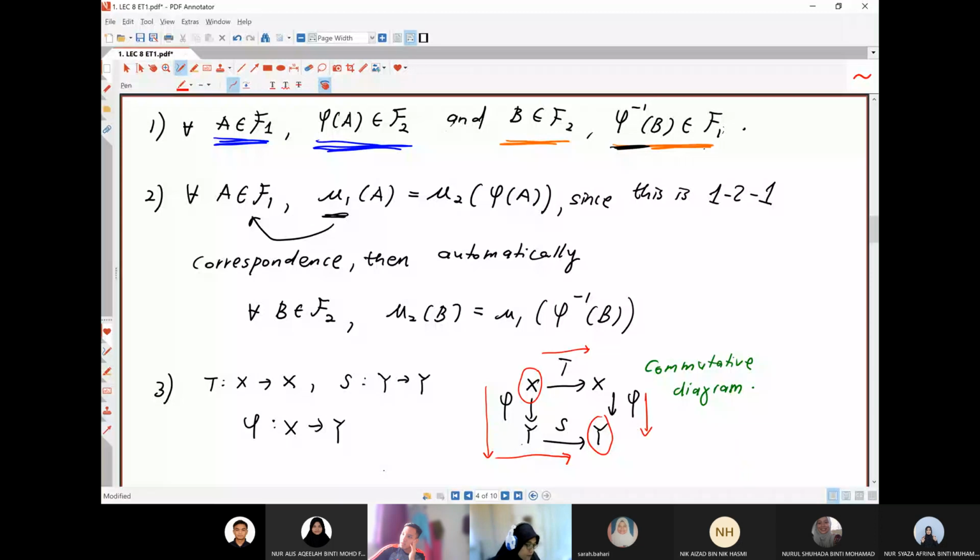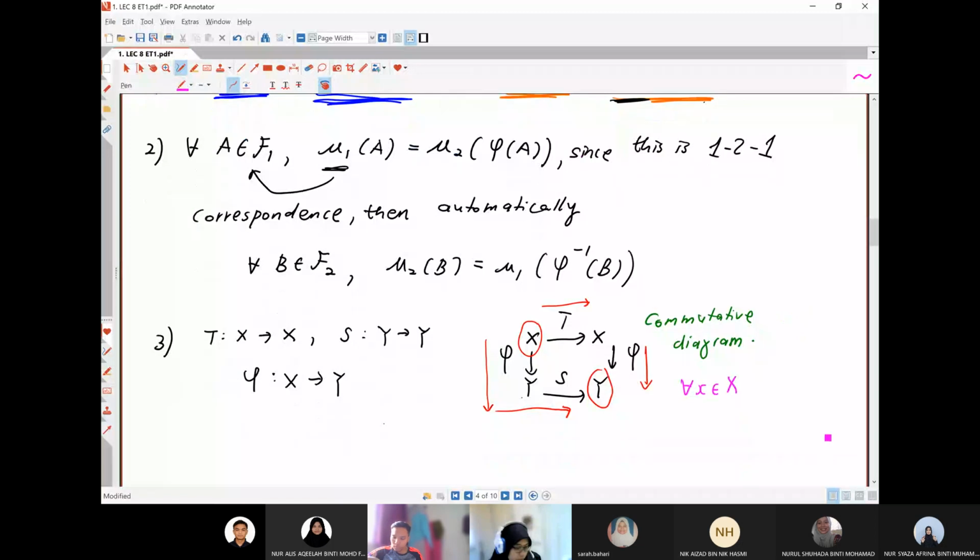Okay, for the path from this side, say I choose another color, pink. For any x in X, you will have first from x to y, from this one first.